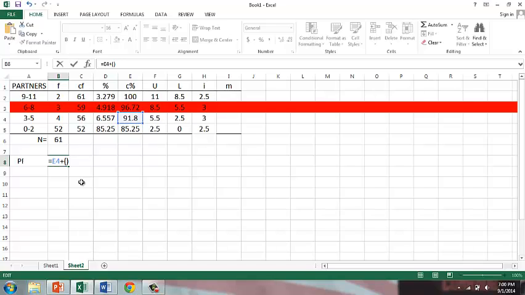So I'm actually going to make another set of parentheses within the first set, and within this inner set I'll put X, in this case 8, the score we're interested in, and subtract L of the critical interval, the lower limit.